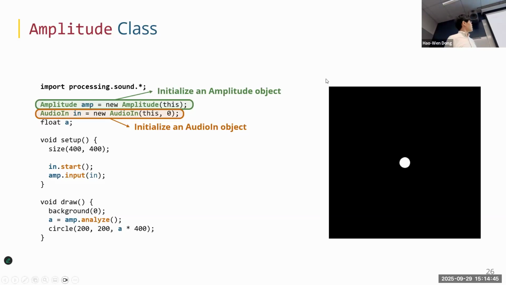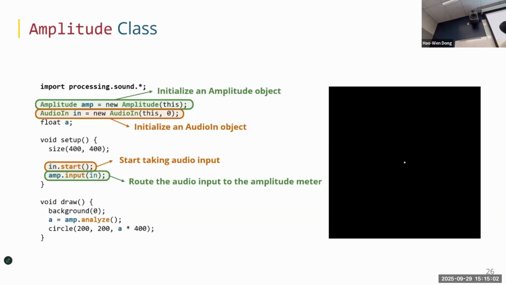So what's going on here is that "in" is the microphone. You start the microphone, and then you put the microphone into amp.input. This will just route the audio input to the amplitude meter. Think of the amplitude meter as a factory somewhere. You have the audio input, that's the microphone, and you route the microphone output into the factory, and that factory will analyze it whenever you call amp.analyze.